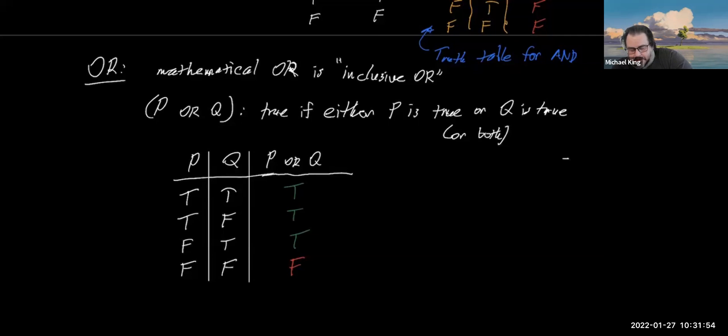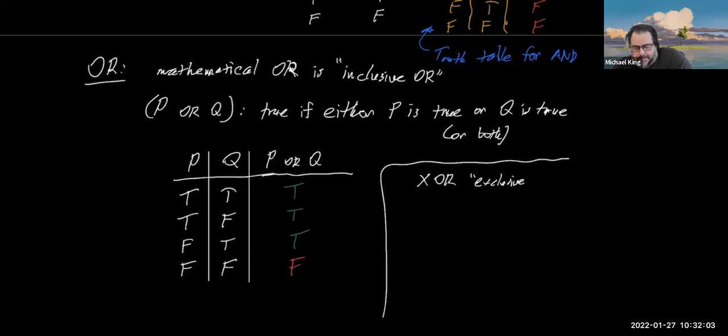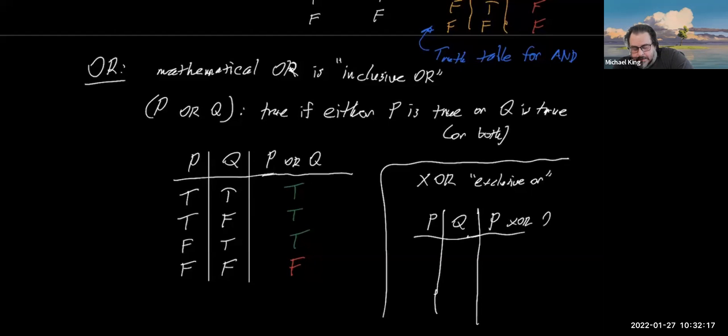There is what's called exclusive or, XOR. I'll just put it down here. That's used a lot in computer science and stuff. So this one is basically if one or the other is true, but not both, right?